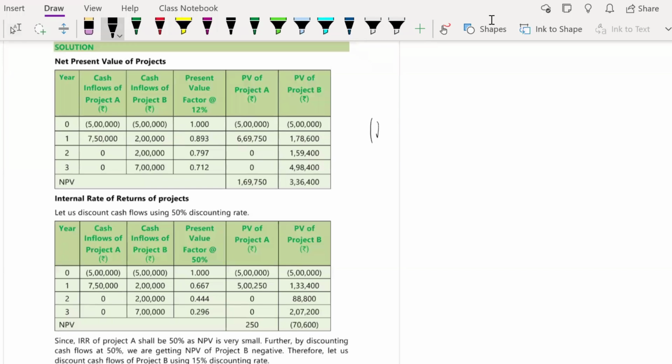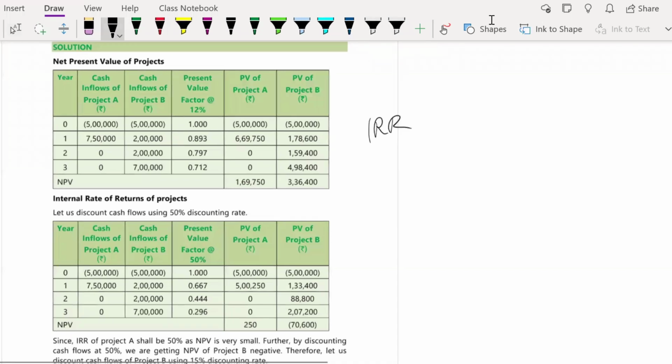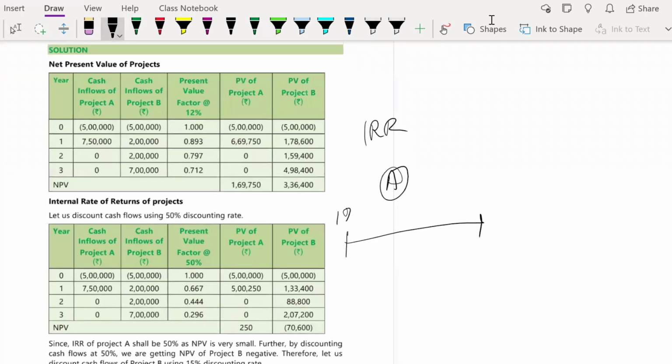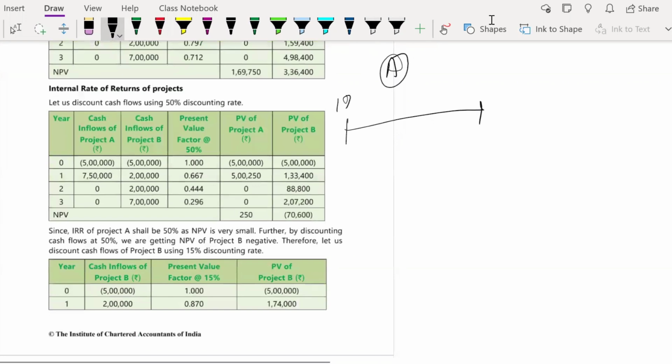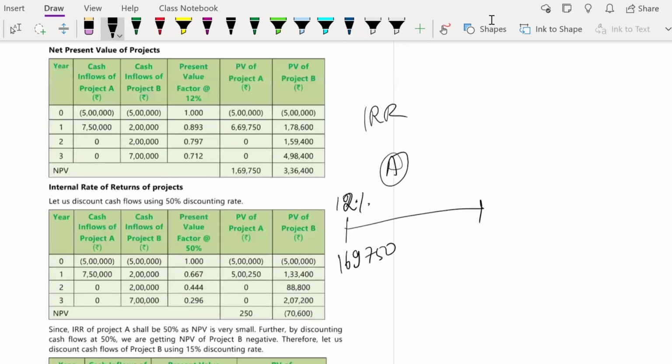So let us take project A. For project A, you have first found out the present value at 12%. At 12%, it was 1,69,750, which is very, very far away from zero.